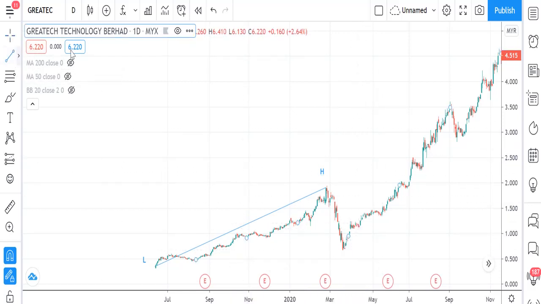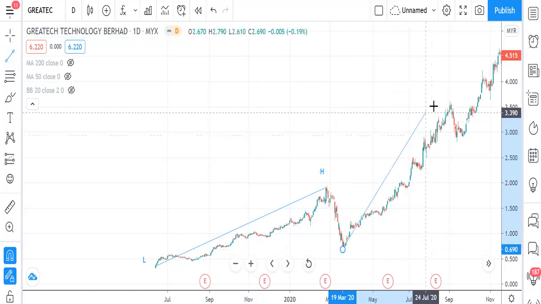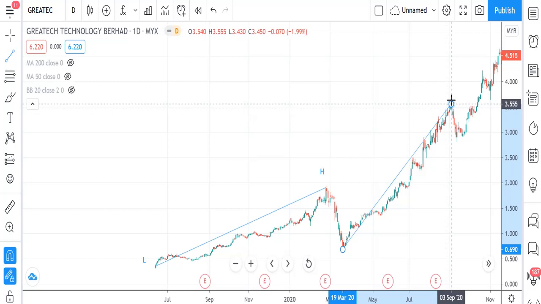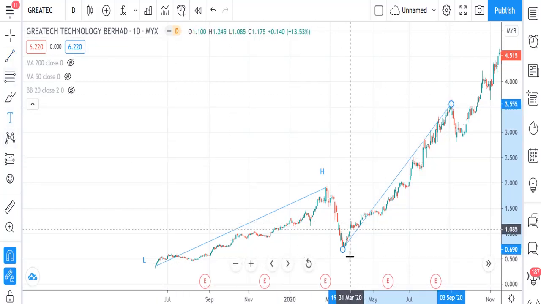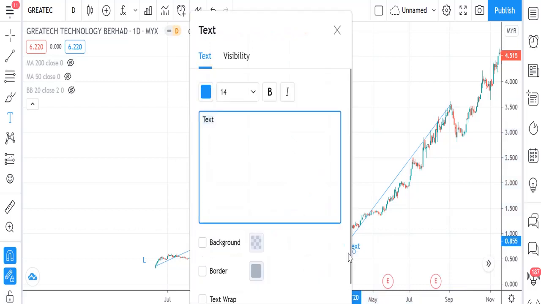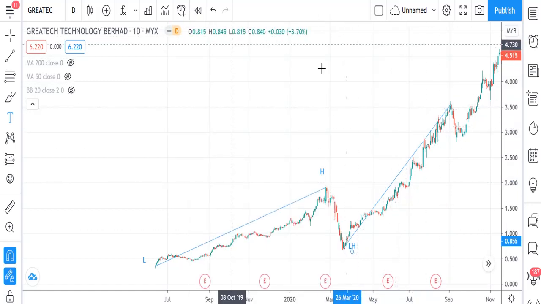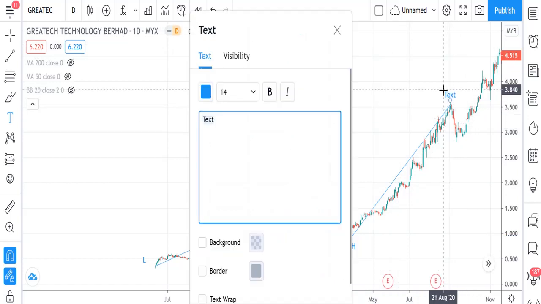It's a bit difficult to navigate using these tools. Then there's a high there. Now what we found is this portion here is what they call lower high. That's a lower high. The next one here is a higher high.